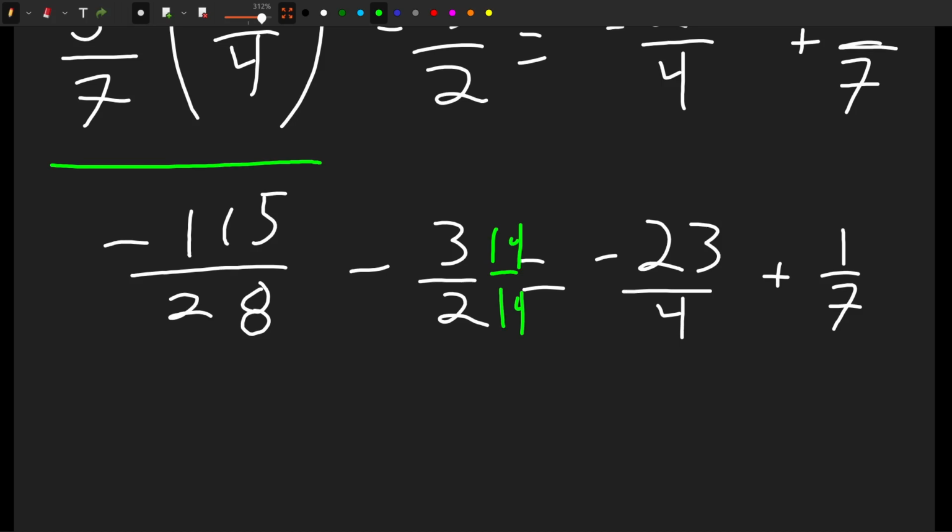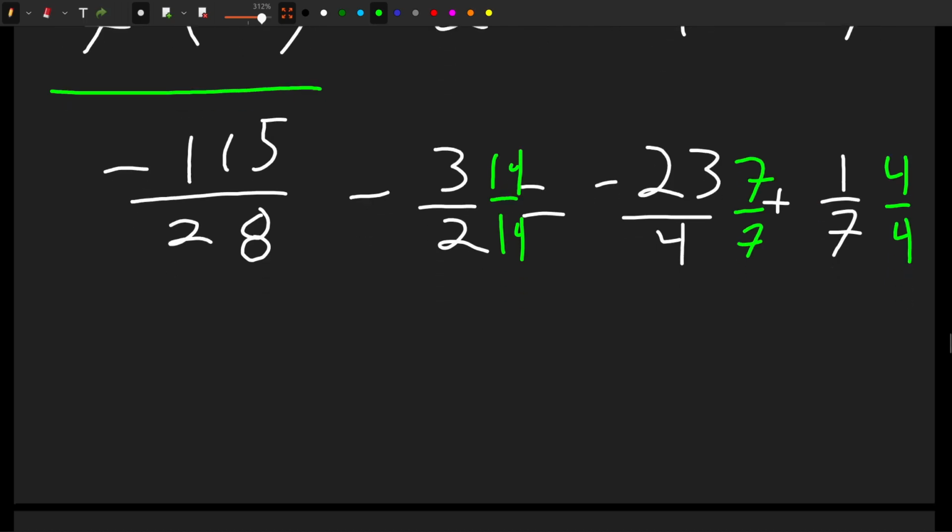Same thing on the right-hand side, negative 23 over 4 and 1/7. I need to get a common multiple between them. The quickest and the lowest common multiple between those two is also 28. So I'm going to multiply 23 over 4 by 7 and 1/7 by 4 over 4. Okay.